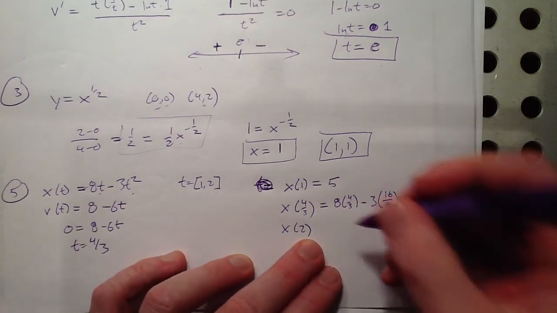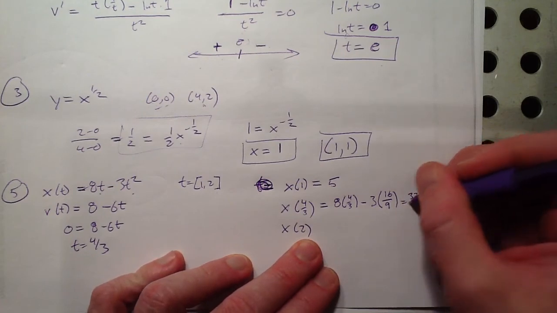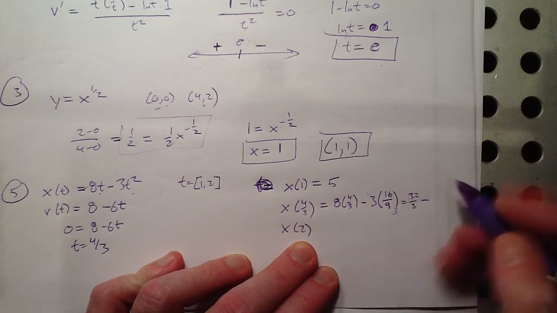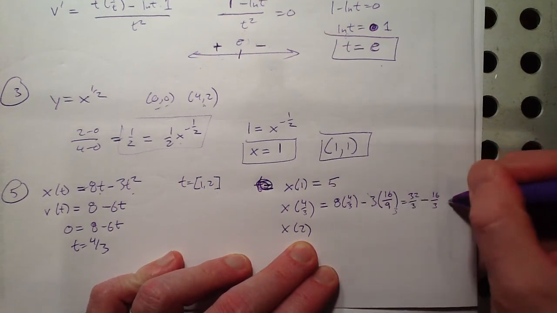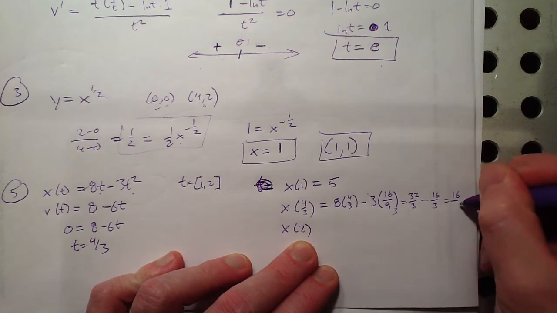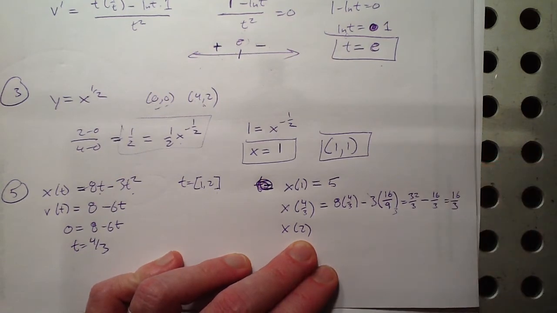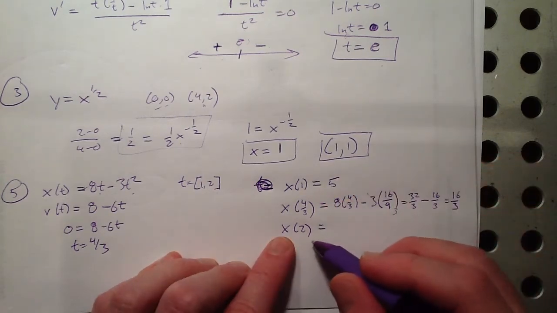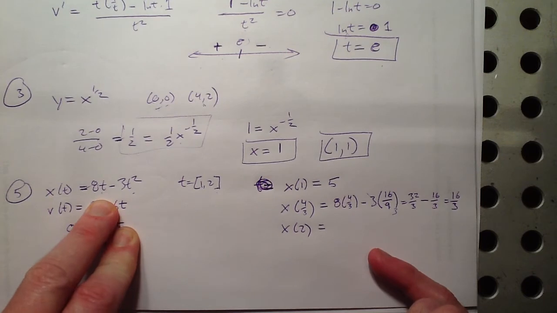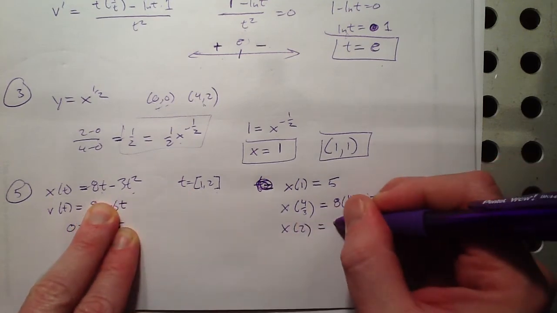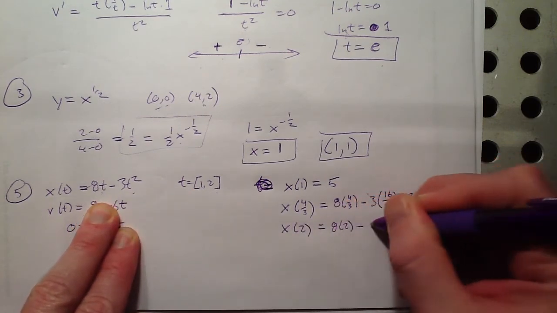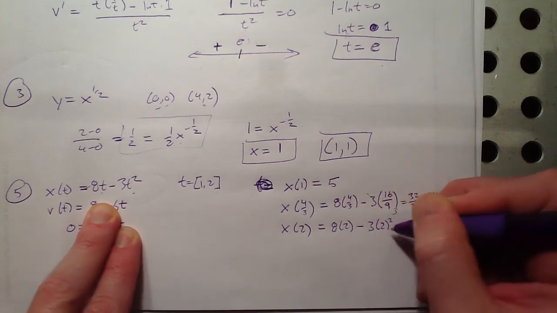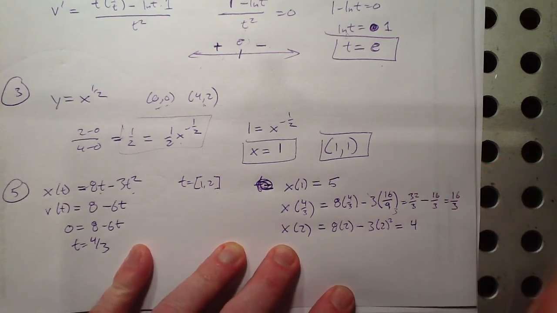And that's 32/3 minus 16/3, which is 16/3. And the position at 2 is 2 times 8, that would be 16 minus 3 times 4, or 16 minus 12, which is 4.